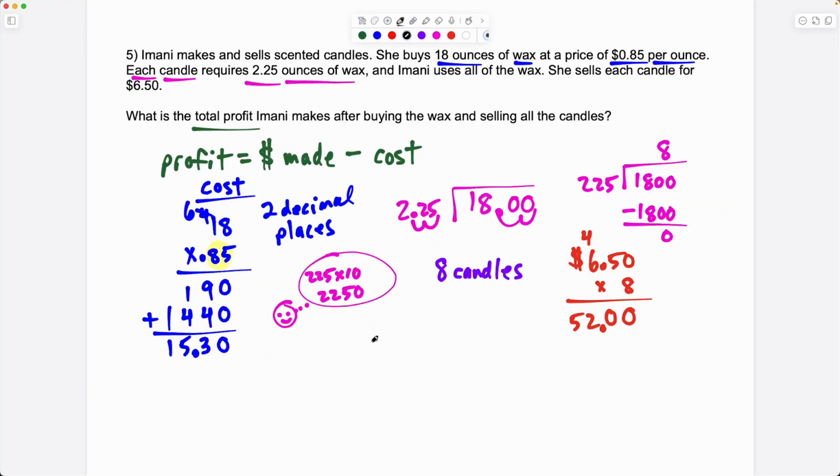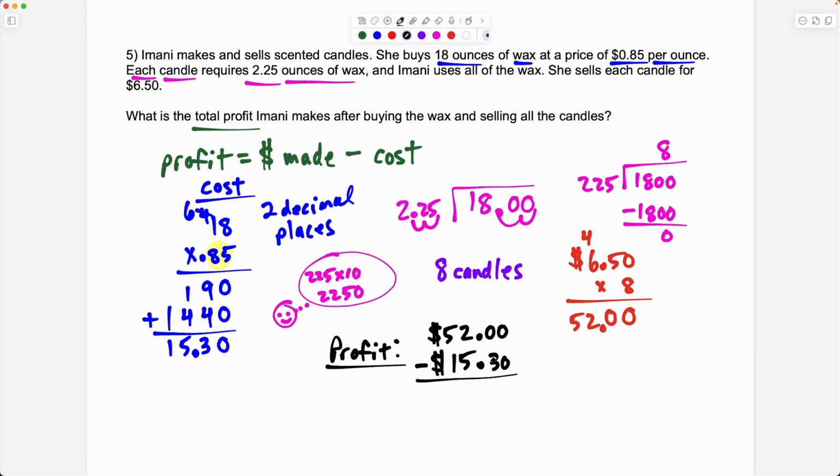So now we have enough information to find the total profit. For the total profit, we just have to think about how much money Imani makes selling all 8 candles. She makes $52. So we take the $52 that she'll make, but we have to subtract how much it cost to make all the candles, and that's going to cost $15.30. So minus $15.30.